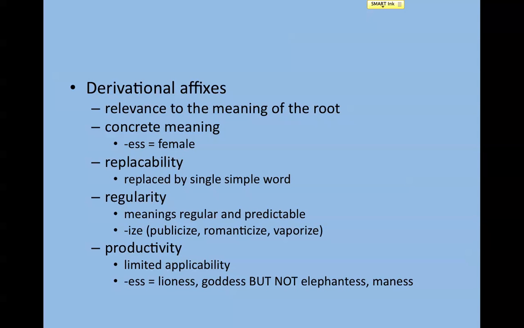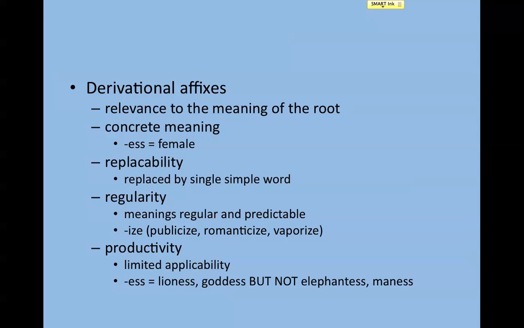Also, replaceability, so replaced by a single simple word. For example, pretty much what I just said, instead of saying a lioness, I could say a female lion. So there I'm replacing with a single simple word. Regularity, so the meanings are regular and predictable.